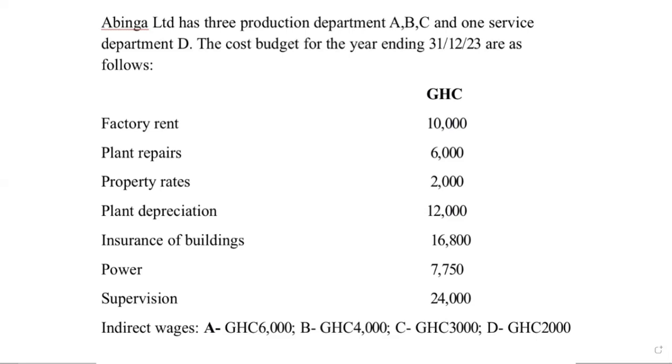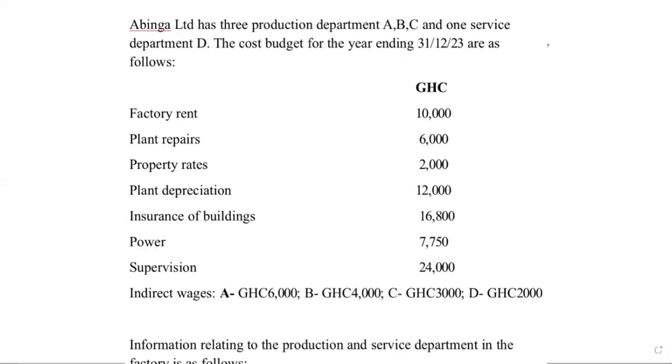Factory rent 10,000, plant repairs 6,000, property rate 2,000, plant depreciation 12,000, insurance of buildings 16,800, power 7,750, supervision 24,000, indirect wages for A is 6,000, B is 4,000, and C is 3,000, and D is 2,000.